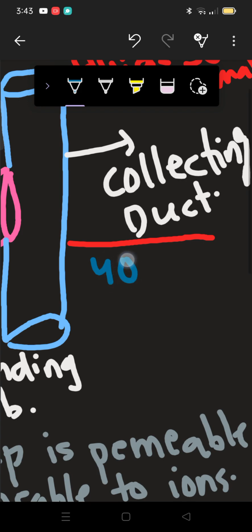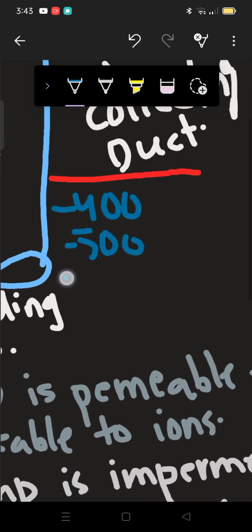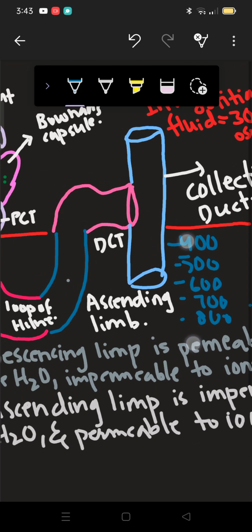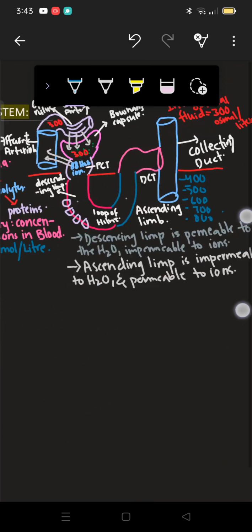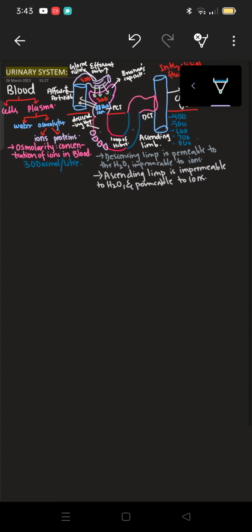So if it is 400 here, then here it would be 500, then going down 600, 700, 800. So the osmolarity would be increasing as the loop of Henle is going down.